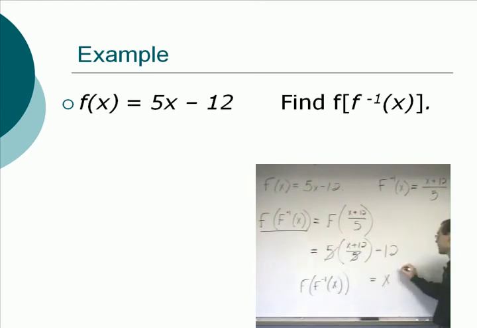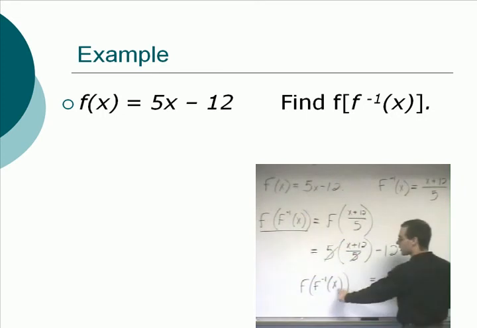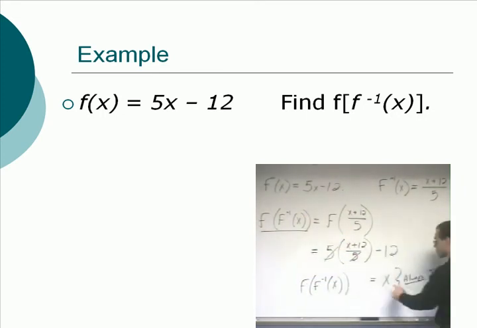This statement right here is not very interesting because it is always true. If you plug an inverse into the function itself, you always end up with just x. In other words, plug a number into the inverse and then into the original function, you will always end up with the original number. That's why you could all do it and you all ended up with your original number. It doesn't matter.